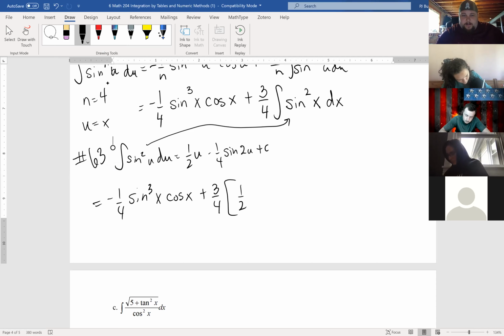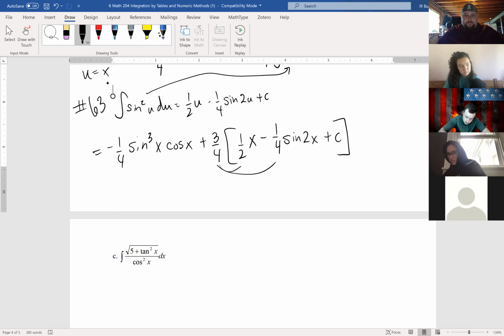Again, in this problem, u is translated to x. And then you could multiply this in. Not necessarily super important. I guess I'll just write it real quick.